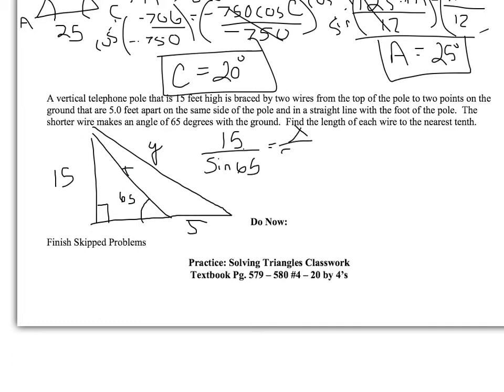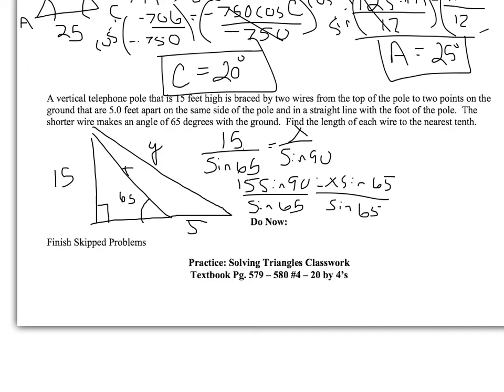Cross multiply. Divide by sine 65. And you end up getting x is equal to, nearest tenth, 16.6.